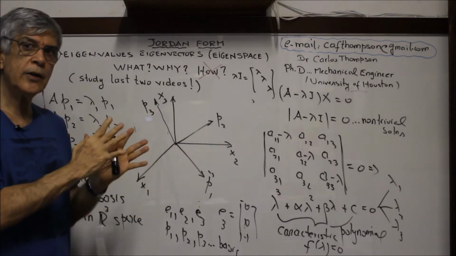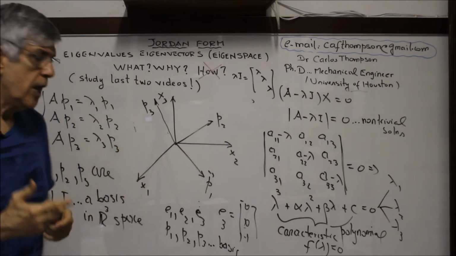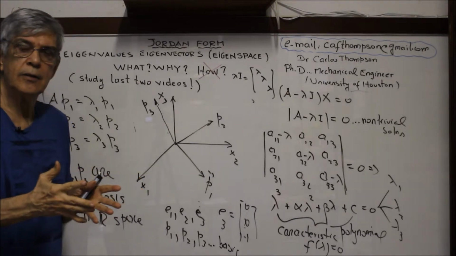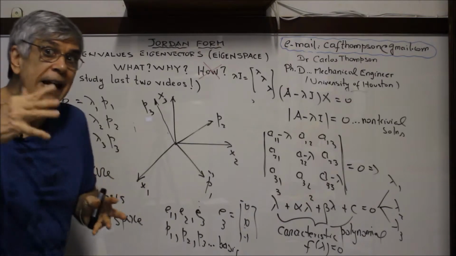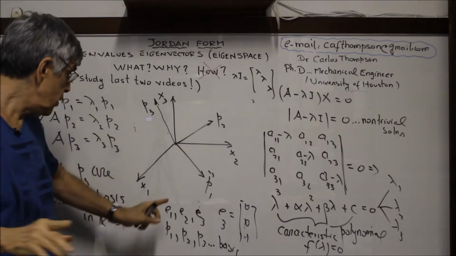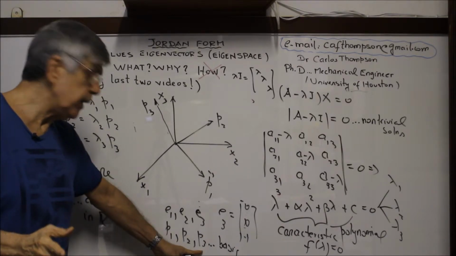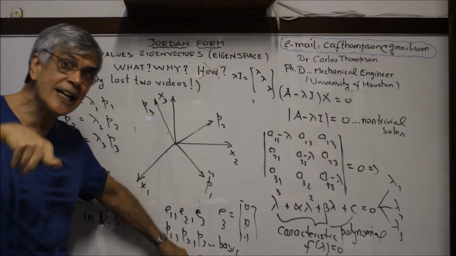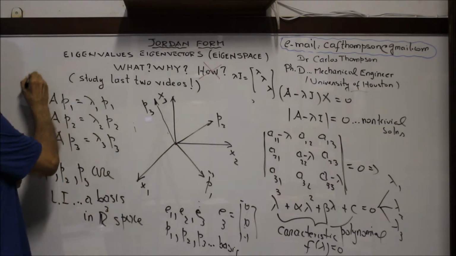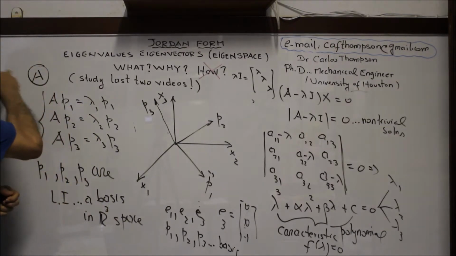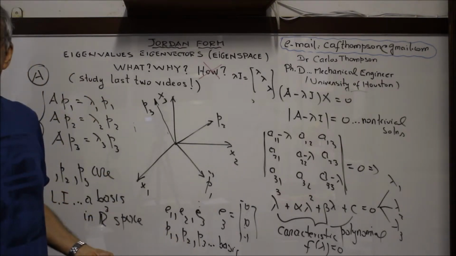I have two bases. One is E1, E2, and E3; these vectors belong to a basis that spans R3. P1, P2, and P3, which are the eigenvectors of A, also form another basis.